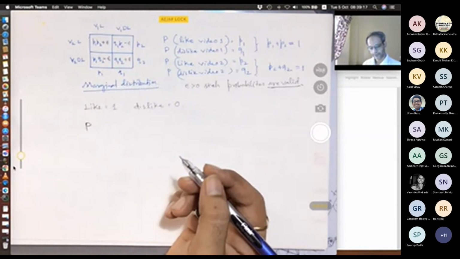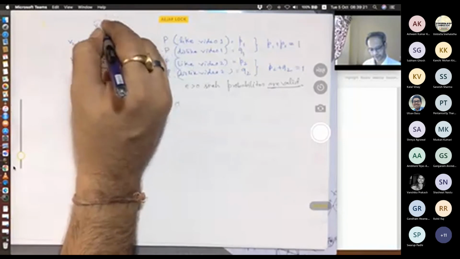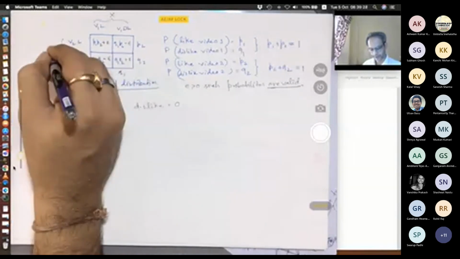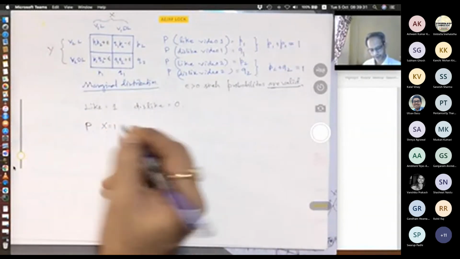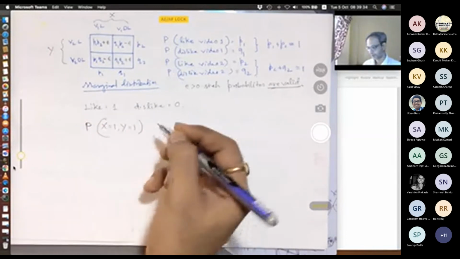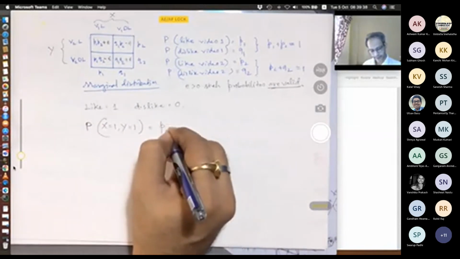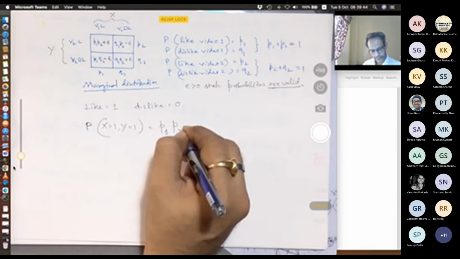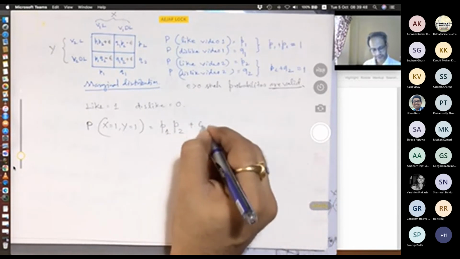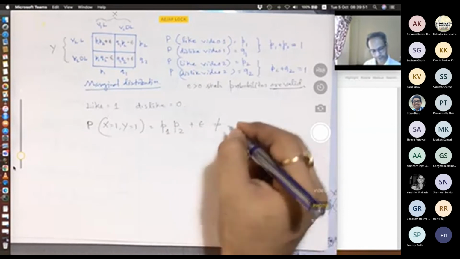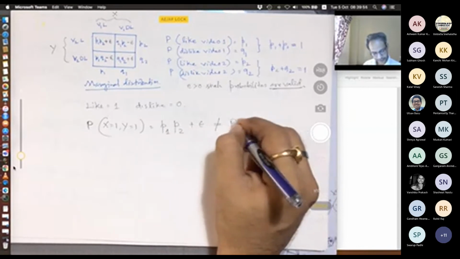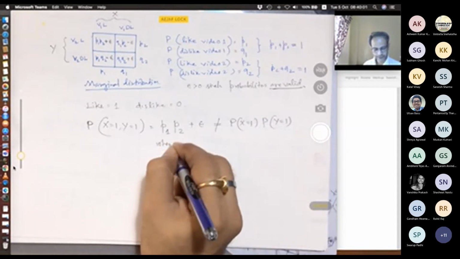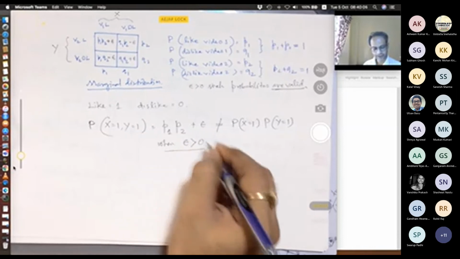Okay, so if you denote the random variable associated with video 1 as x and the random variable associated with video 2 as y, then probability x equals 1, y equals 1 is P1 P2 plus epsilon, which is not equal to probability x equals 1 into probability y equals 1 when epsilon is non-zero.